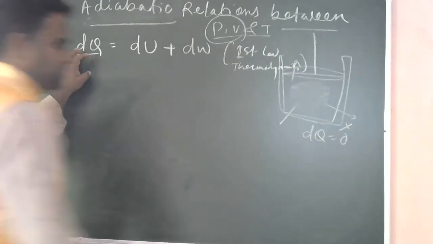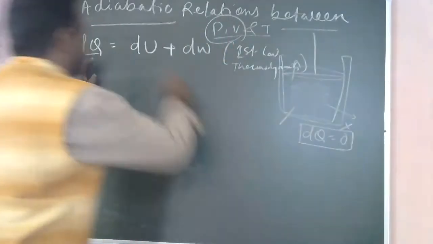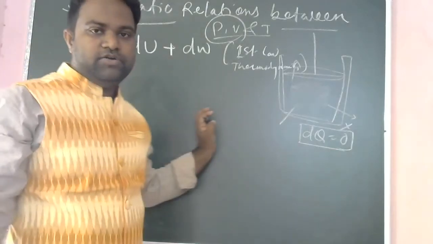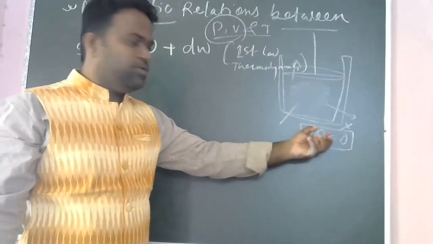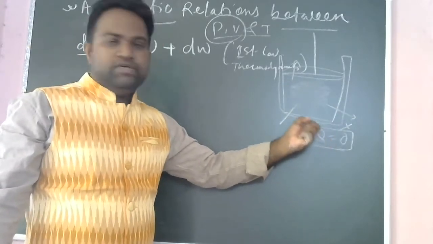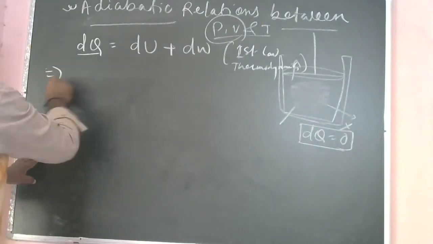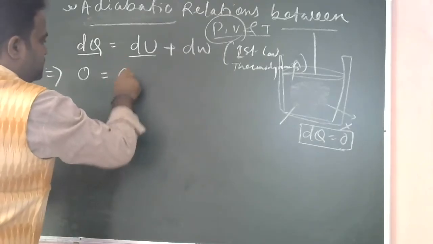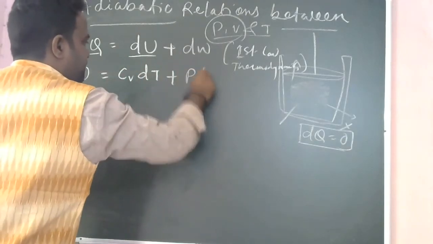Now you know that here dq is 0 because we are discussing the adiabatic system. In an adiabatic system, heat exchange is not allowed, so dq is 0. So this expression converts to 0 is equal to du, I can write Cv dT, plus dw, I can write P dV.